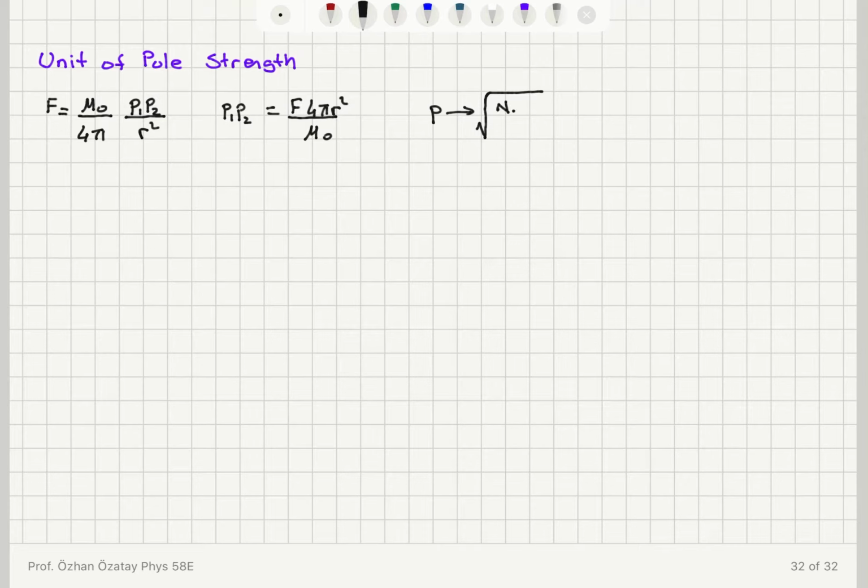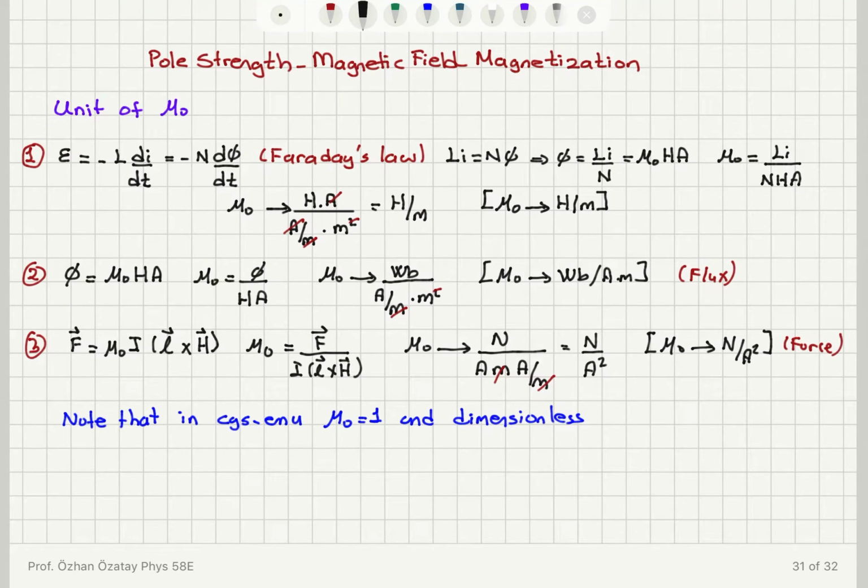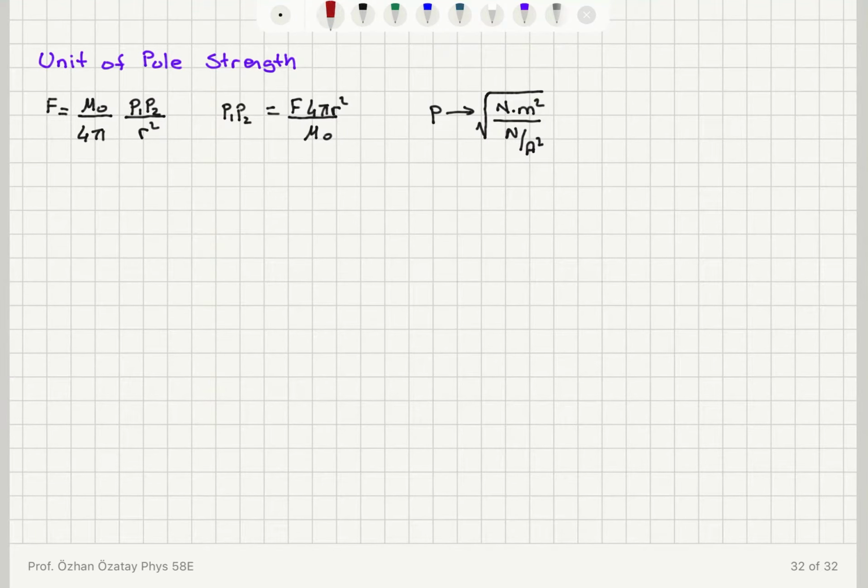Newton meter squared divided by Newton divided by ampere squared, because we have shown that I can write mu0's unit as Newton divided by ampere squared. So the Newtons cancel, I get the ampere squared upstairs, so the pole strength becomes ampere meter.